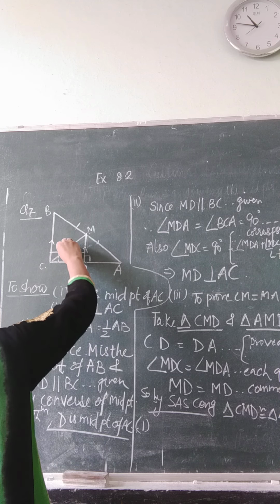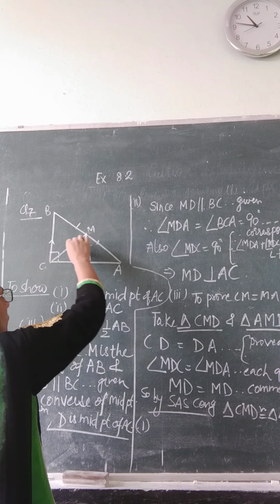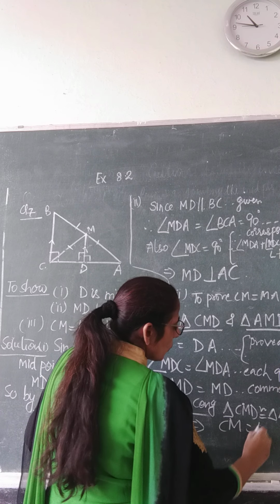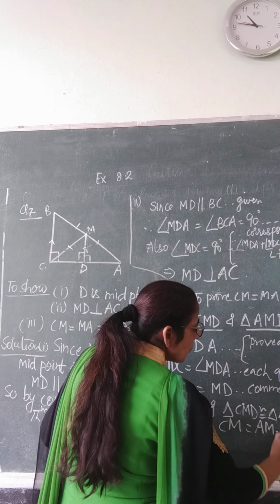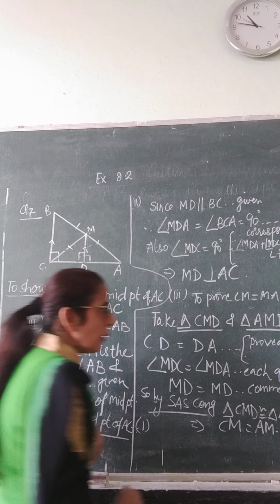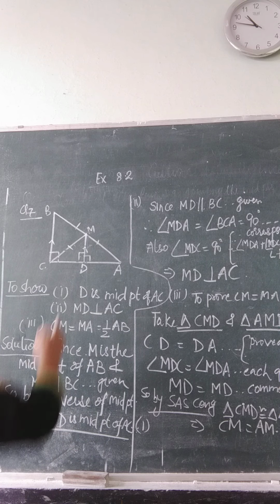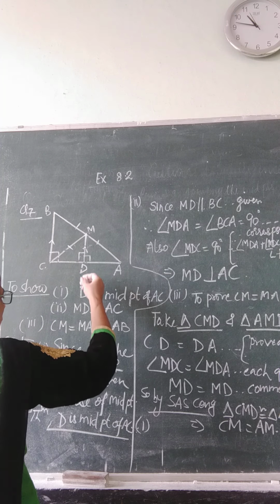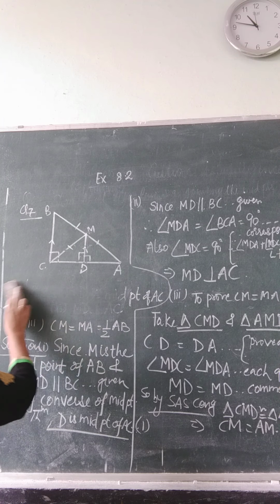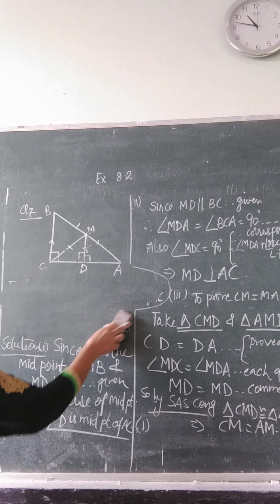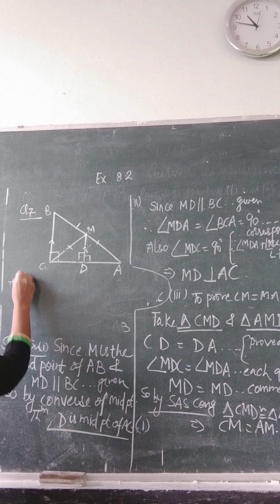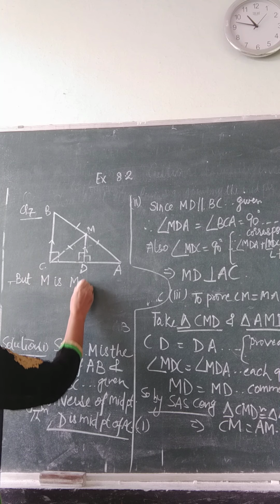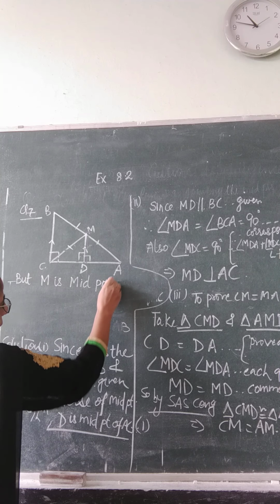So this proves CM is equal to AM by CPCT. But what is given here? M is the midpoint of AB. But M is midpoint of AB.